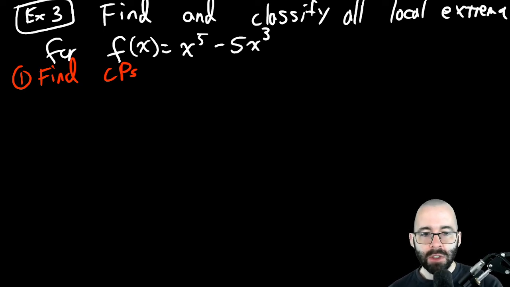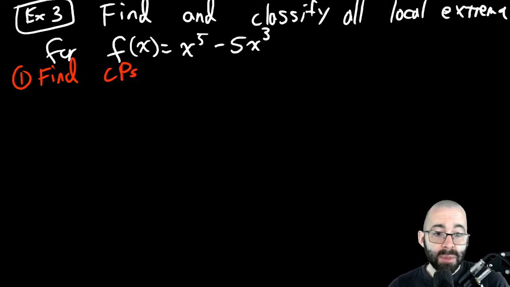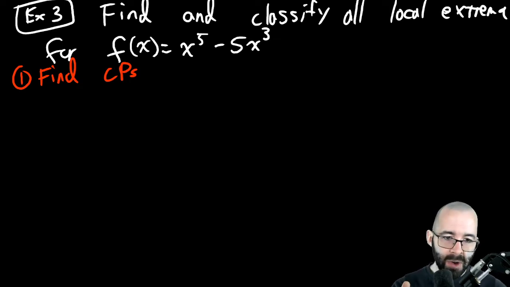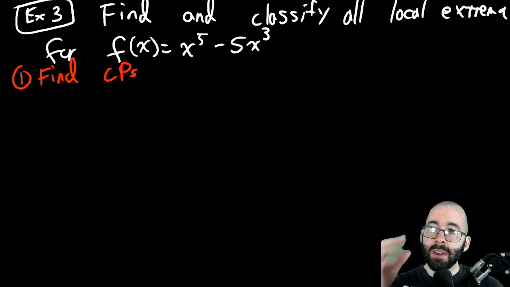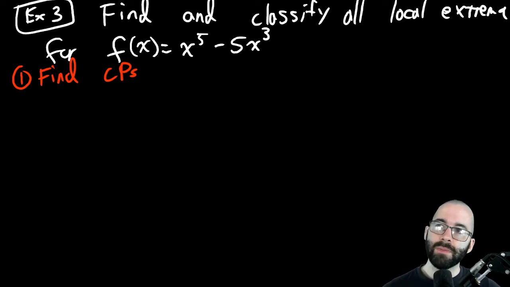If we want local extrema or absolute extrema as well, we need critical points. First derivative test applies to any critical point. Second derivative test, well, any critical point where the function is continuous.